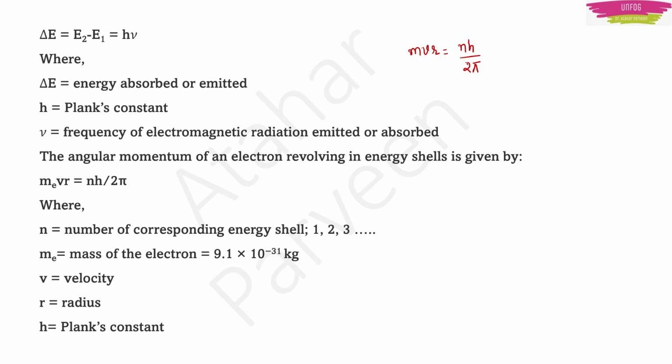It should be a whole number. That is what quantization means. These orbits for which mvr is equal to nh by 2 pi are stationary orbits. Wherever the electron is in a stationary orbit, its energy is not emitted.